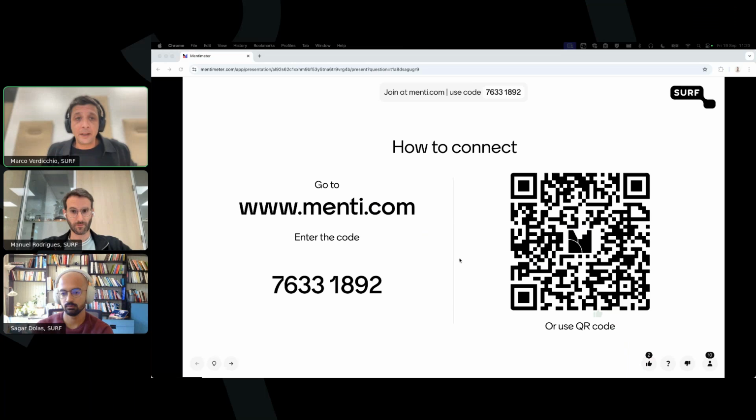Please scan the QR code with your phone or any device with a camera, or log in at the menti.com website and enter the code that you see on screen, and you should be able to see the same slide. That should be the first slide that you see at the Mentimeter. I'll wait a couple more minutes.